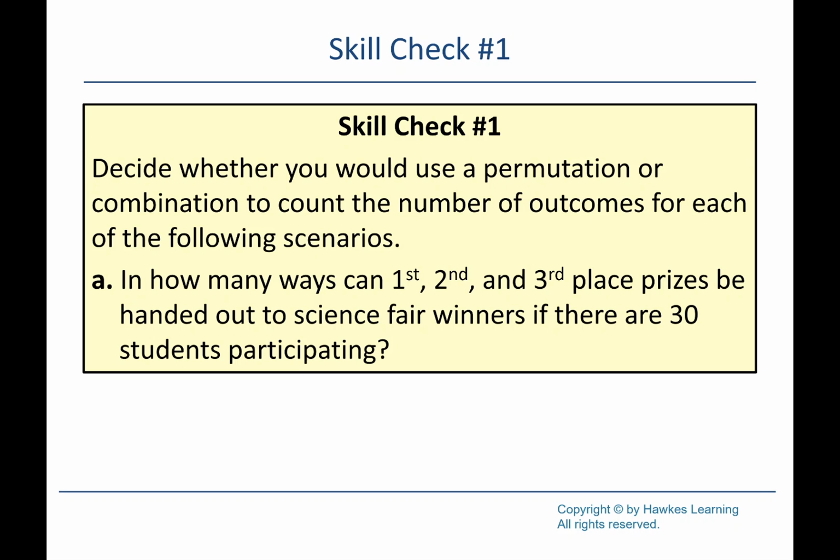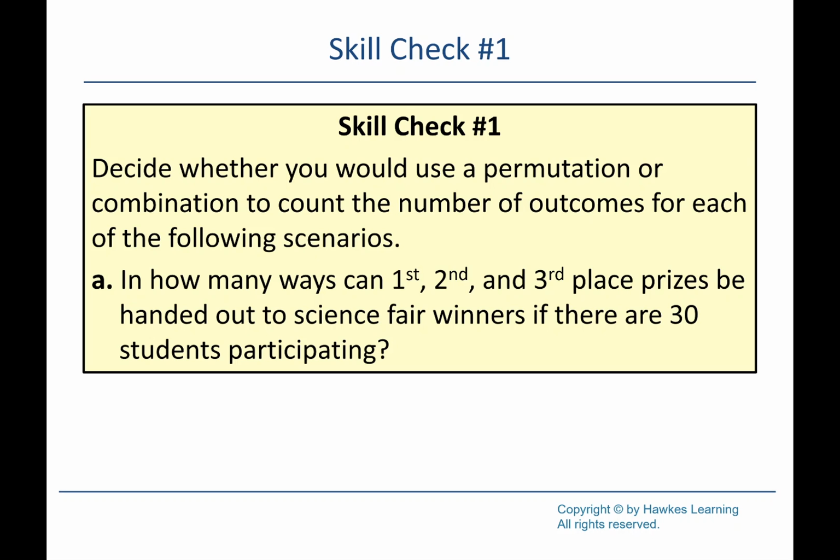So our first scenario is how many ways can first, second, and third place prizes be handed out to science fair winners if there are 30 students participating. So we've got 30 students and we're trying to pick first, second, and third place prizes. I wonder how many ways we can do that. What do you think? Do you think the order would matter there?